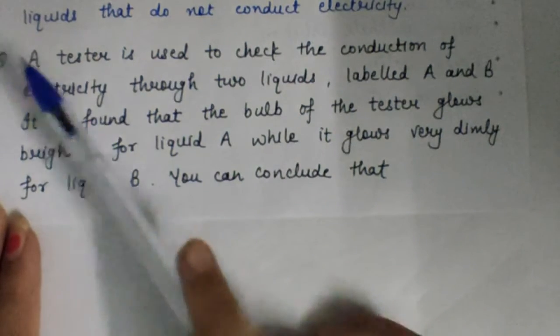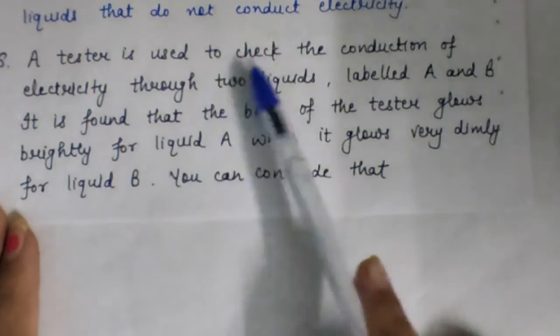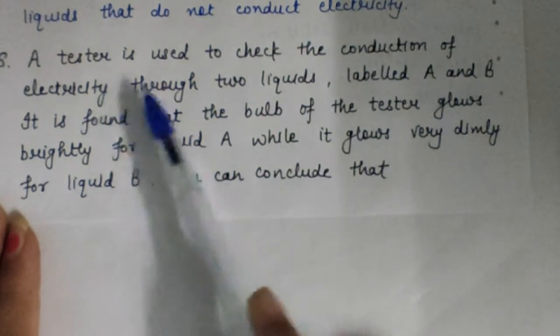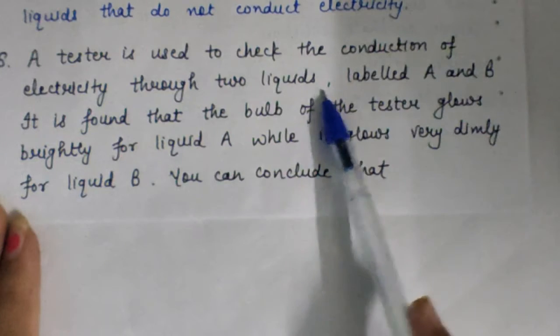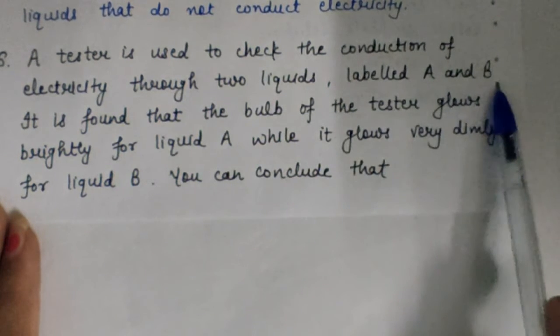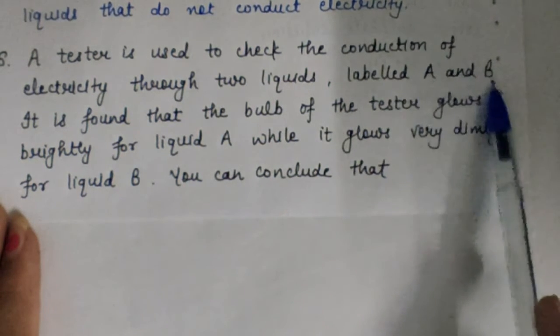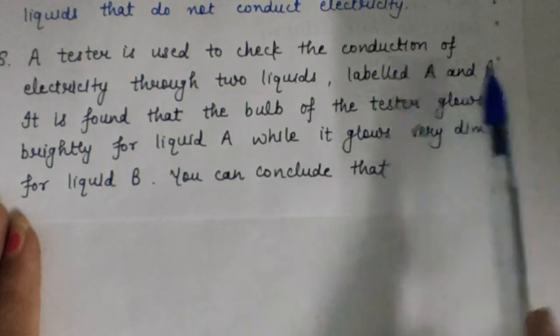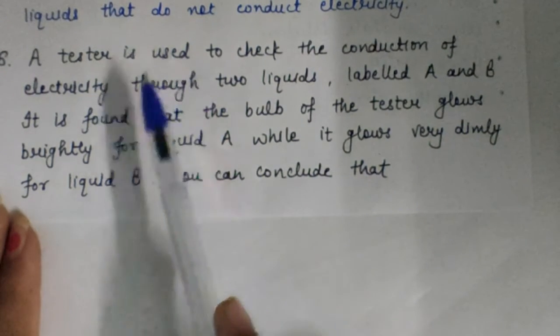Now question number 5: a tester is used to check the conduction of electricity through two liquids labeled A and B, means liquid A and liquid B. For checking the conduction of electricity, we used a tester.